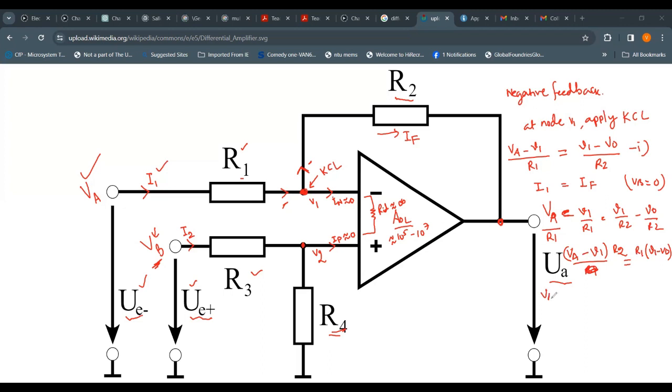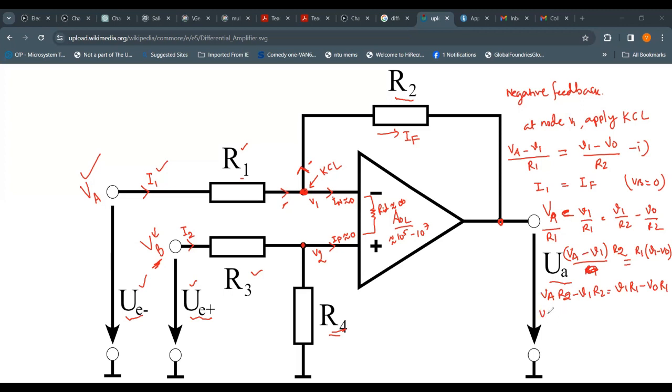So it would be VA R2 minus V1 R2 equals V1 R1 minus VO R1, and we just try to simplify it further.